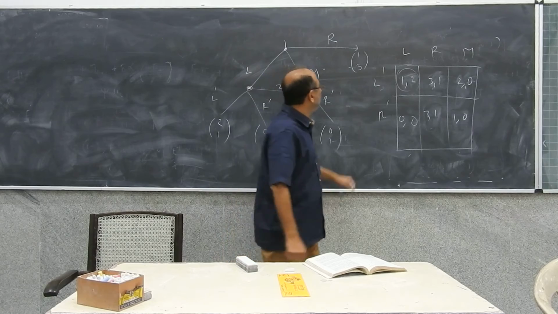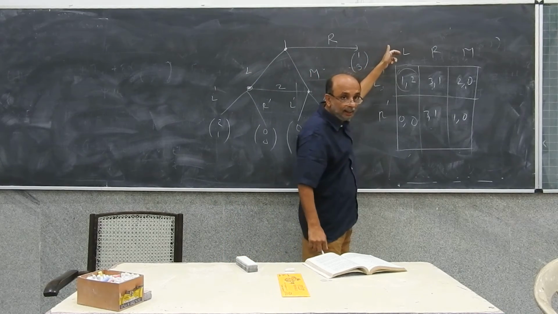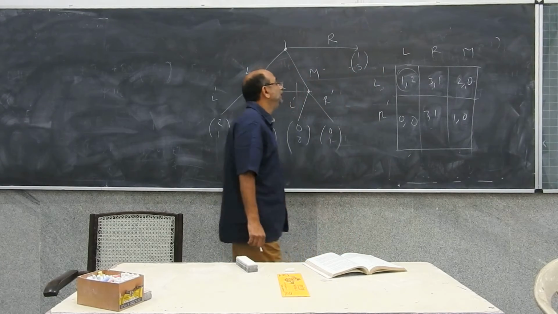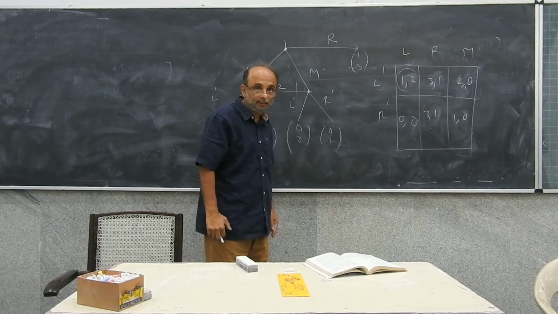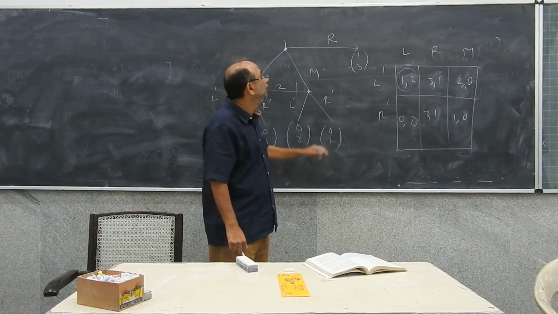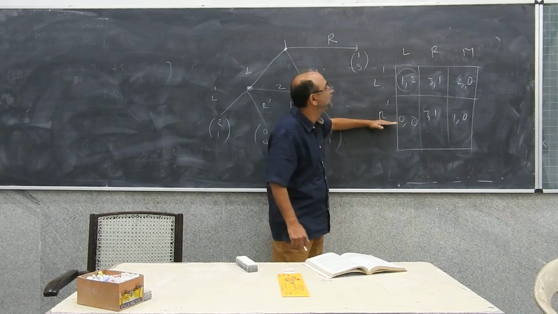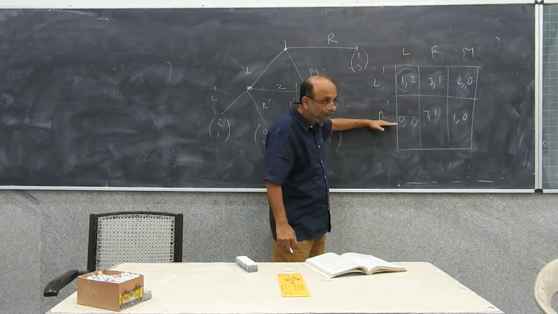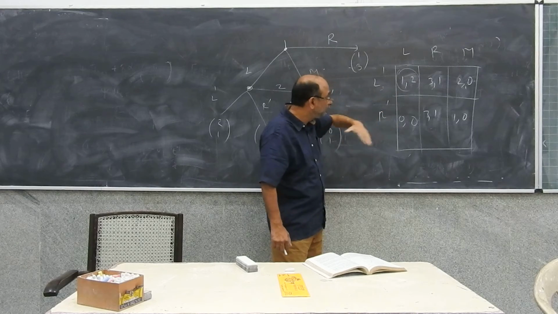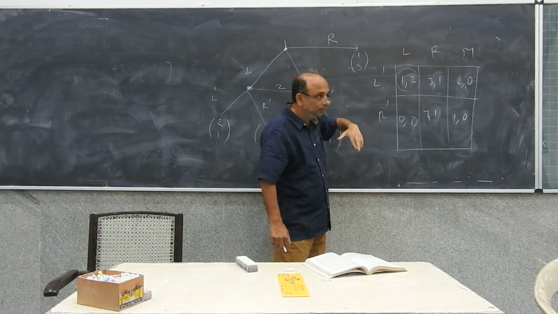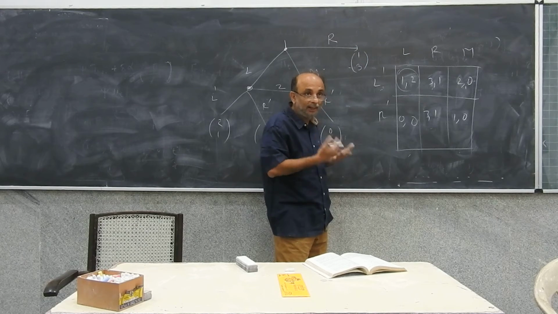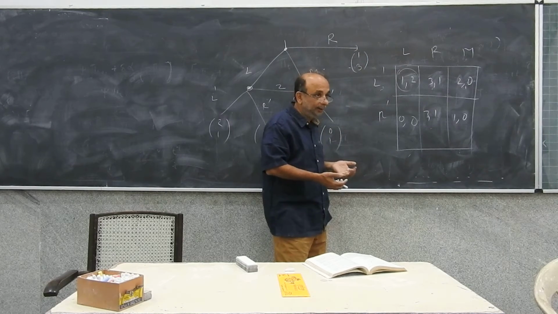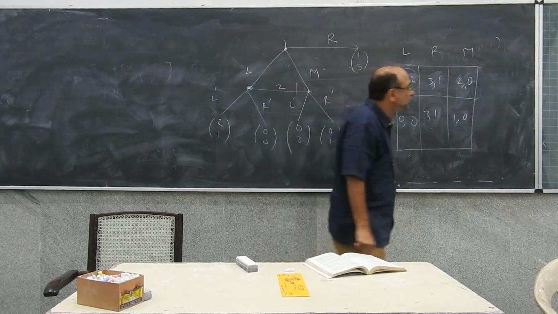As long as player 1 is playing L, does player 2 have an incentive to do anything else? Does player 1 have incentive to play R dash? No. So nobody is incented to unilaterally deviate. Both can deviate together, but that is not what Nash equilibria are about. A unilateral deviation, right?